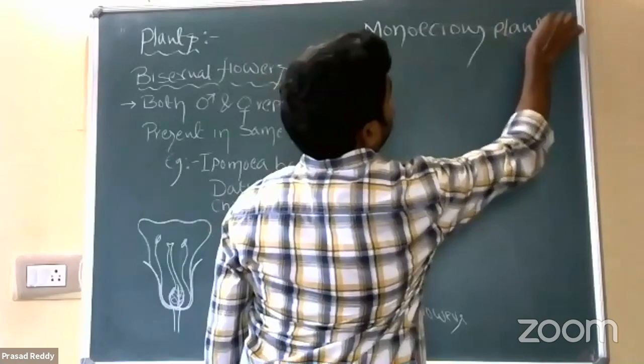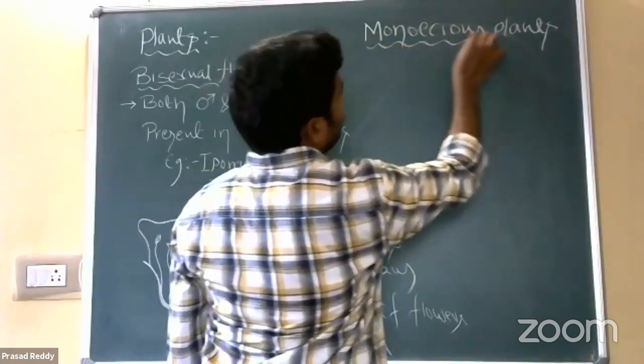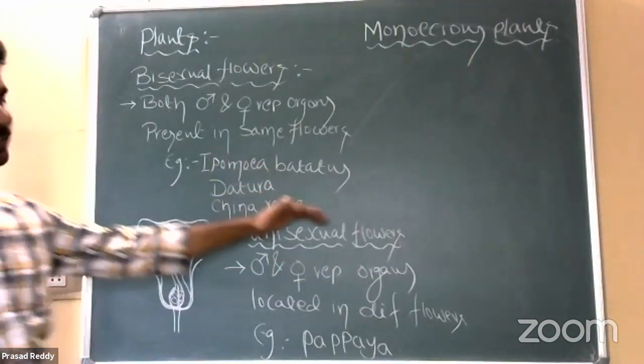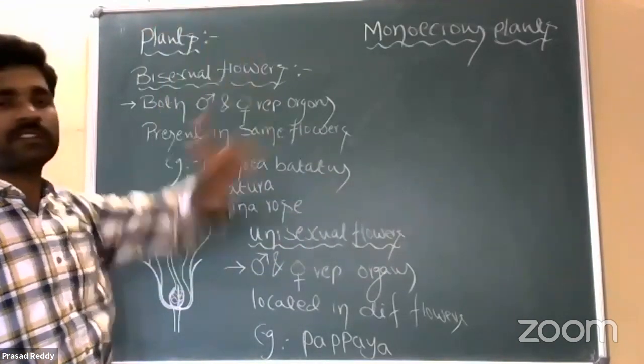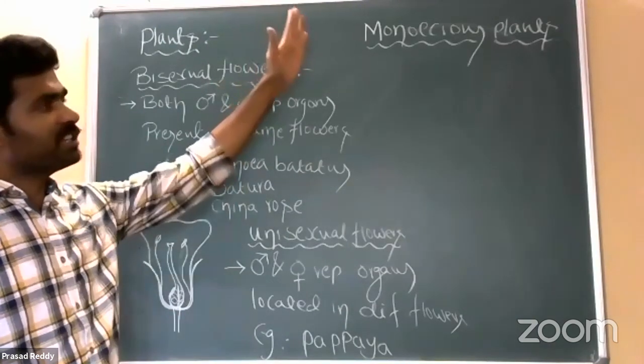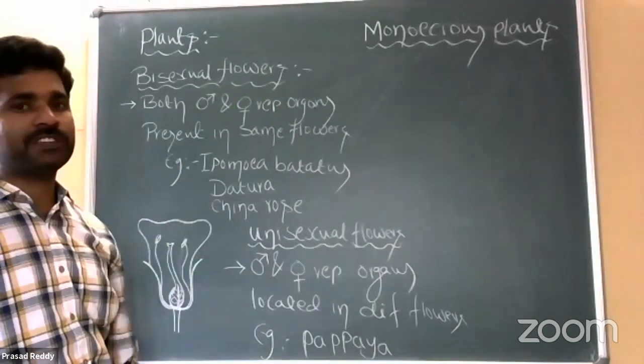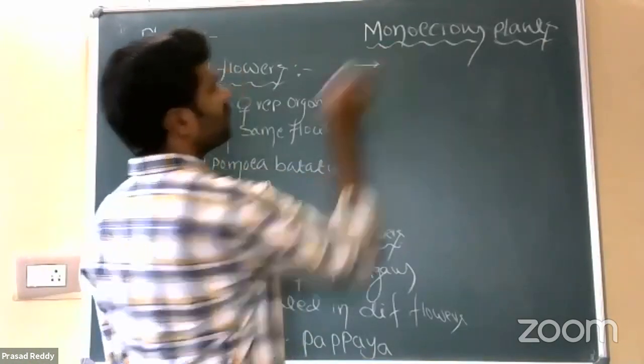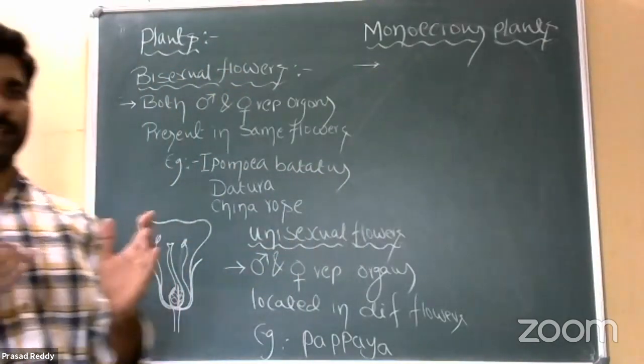Monoecious plants and dioecious plants. Based on unisexuality, plants are again classified into two types: monoecious plants and dioecious plants. First, monoecious plants. Mono means single.